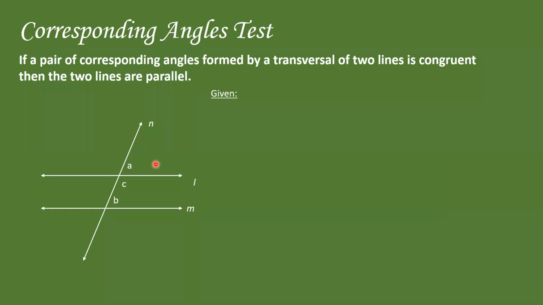Yeah, Prathamesh, go ahead. If a pair of corresponding angles formed by a transversal of two lines is congruent, then the two lines are parallel. Thank you so much.